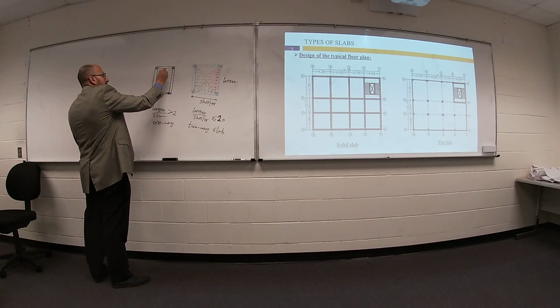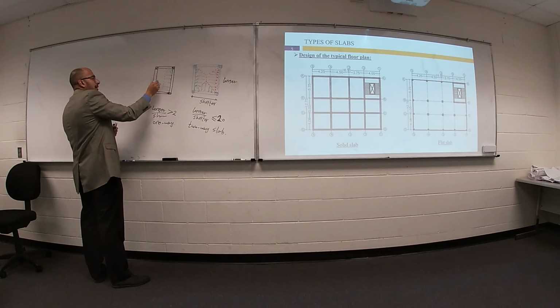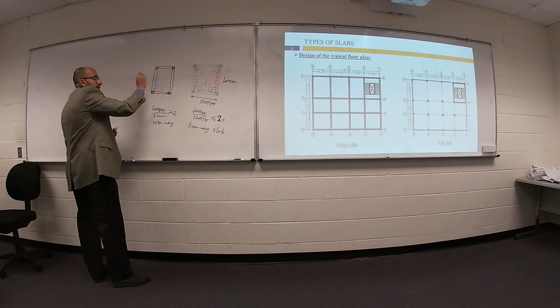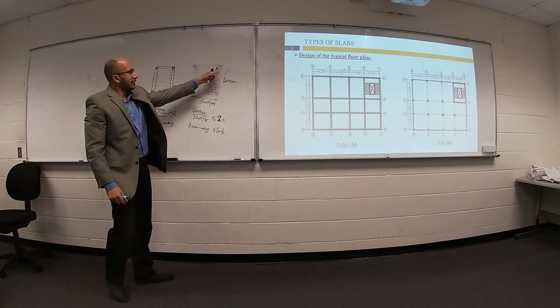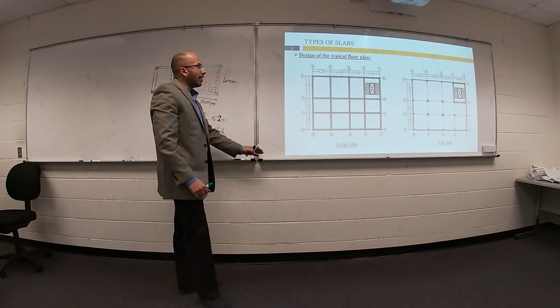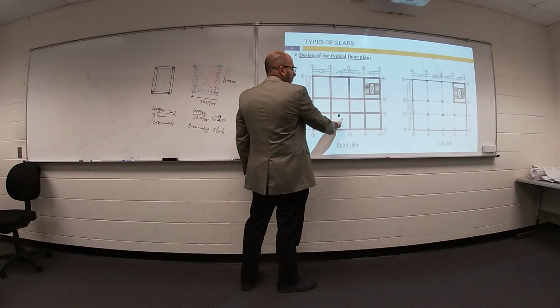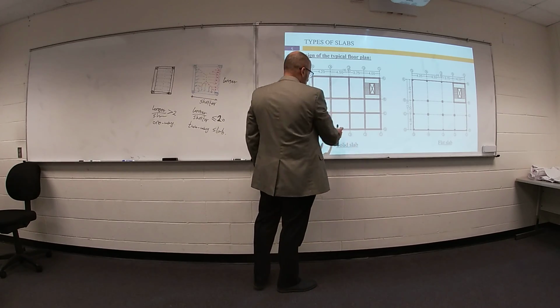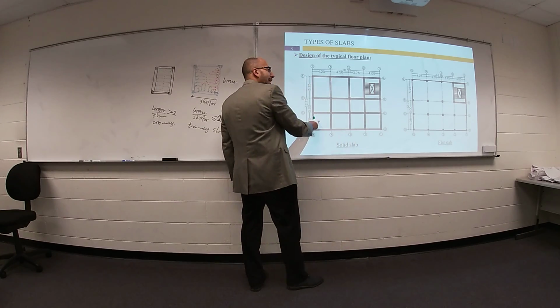This area will be assigned to this beam, and this area will be assigned to this beam. Wow, if you are talking about only one panel, we need more calculations, we need more time. If you are talking about a plan like this, go ahead and do it for each panel. The same, the same, the same. We have different dimensions, so we have a different calculation for each one.